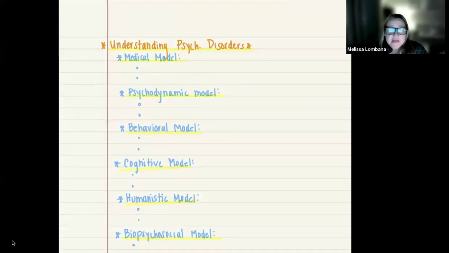Okay. Then we have the cognitive model, and for them, these disorders are due to illogical, irrational, or maladaptive thought processes. They focus on the way that someone is thinking in order to understand their behavior.